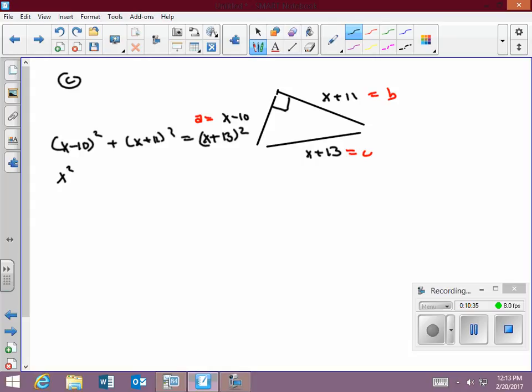So this is x squared minus 20x plus 100, plus x squared plus 22x plus 121. On the right, 26x, let's see, 13 squared, what is it? 169.